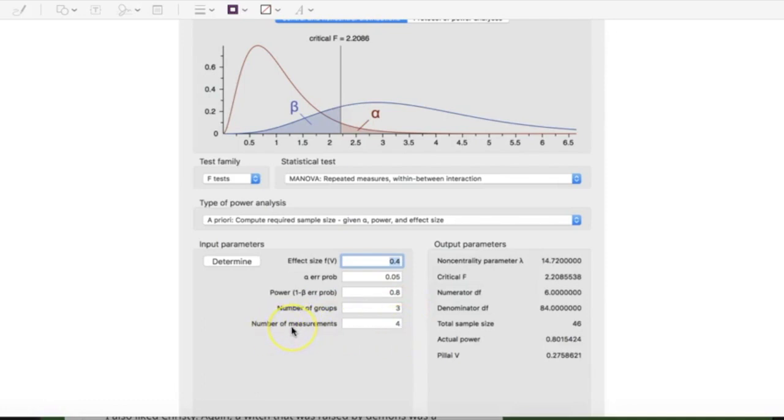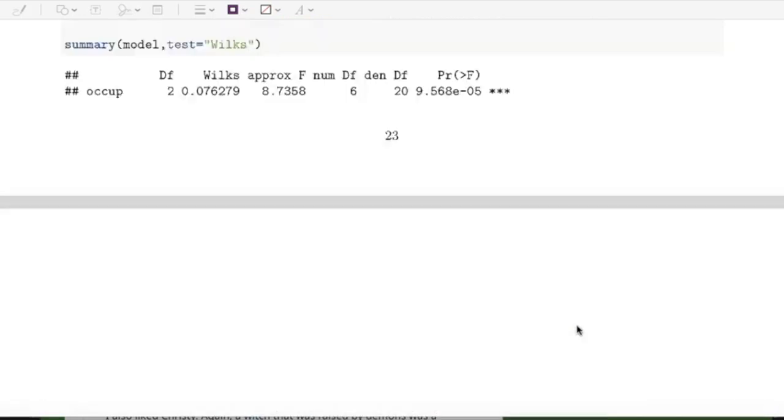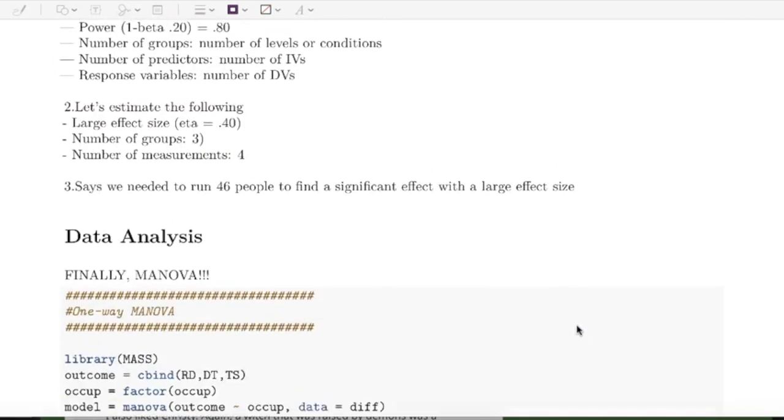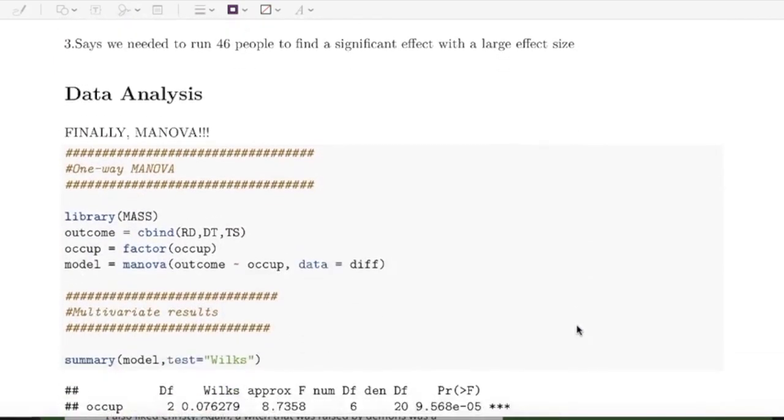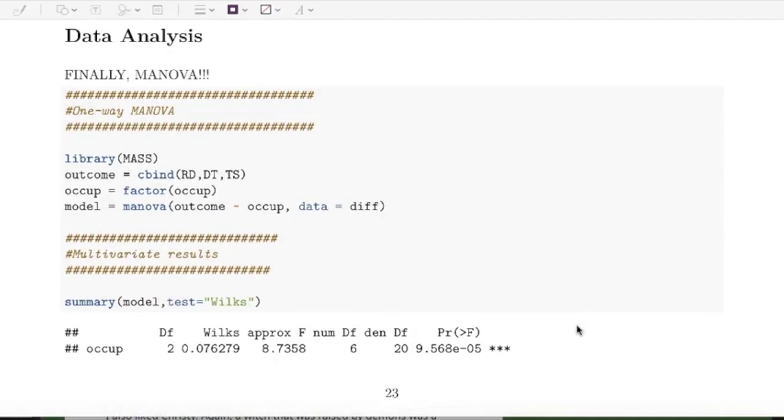Remember, this can also be time measurements, it would be the same, the 4. And it recommends 46 people. We actually have like 15, so we're not doing that great. Our study is definitely underpowered. Dun, dun, dun. So we just write that. We recommend to keep collecting data.